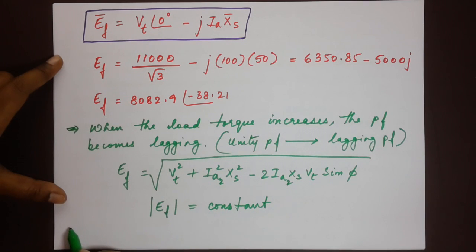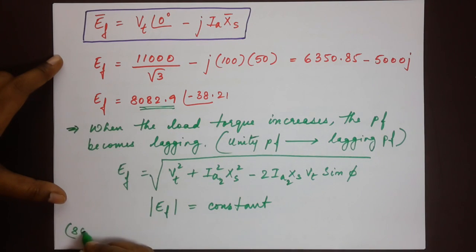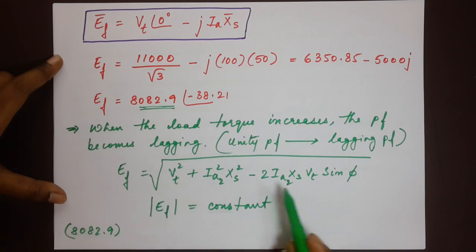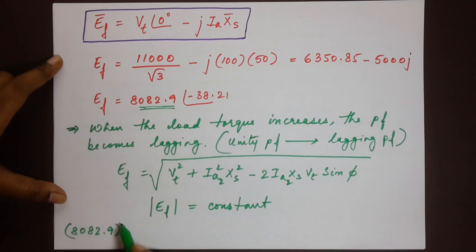Now I'm going to put the values in. Please note, we are going to use the magnitude alone. So that's 8082.9. Now since this part has a root, I can square on both sides. So EF square is now equal to Vt.